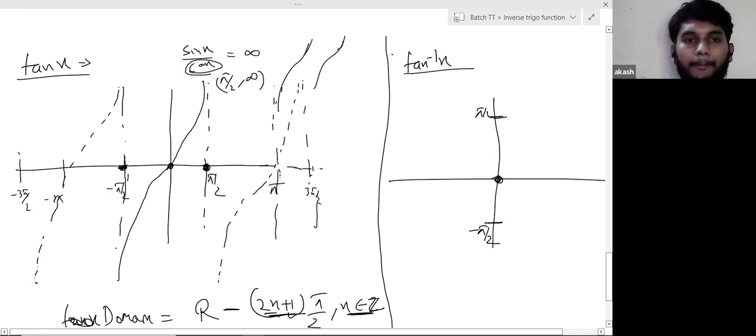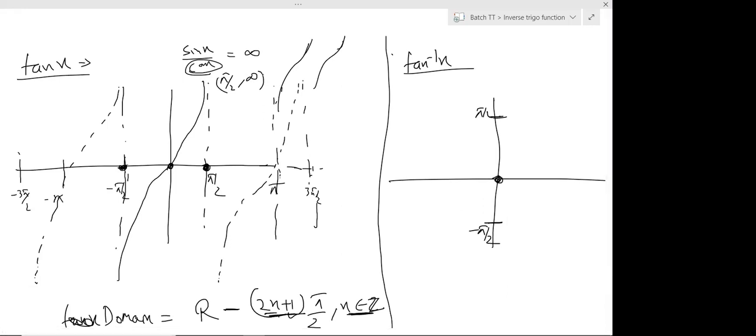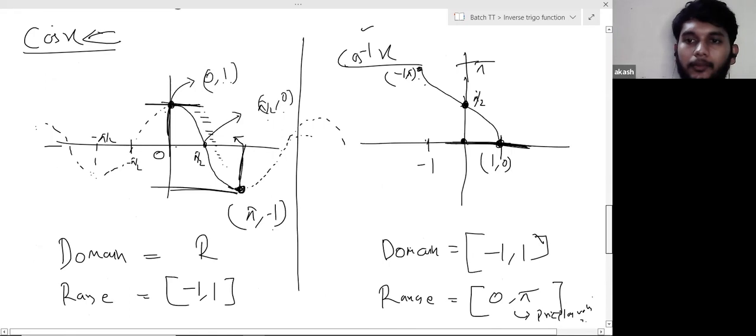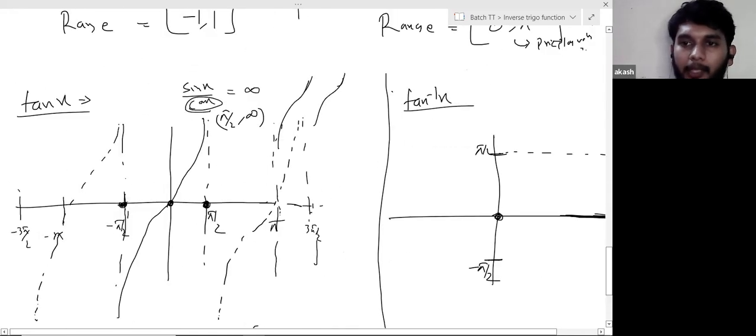Right, Sahil? Right, sir. So infinite x means you have to move till infinite in x till the end, then you will reach pi by 2. So we can draw a point here which will not touch the graph at pi by 2. It will seem like it is touching the graph.